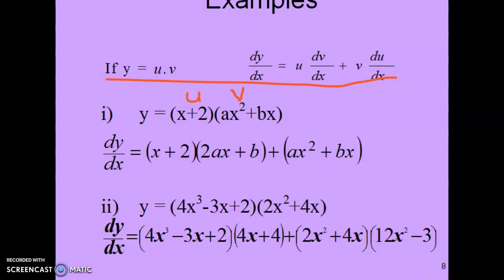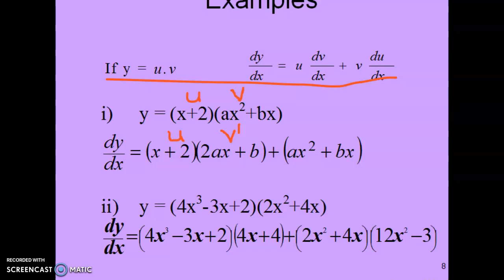Remember, I said v prime is simply the differentiation of v. So what have you done here? This is u, and this is v prime. If you have seen the past video, you know now how to differentiate x and how to differentiate 2. So this is the first part.